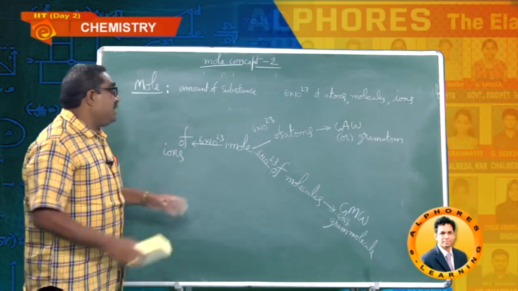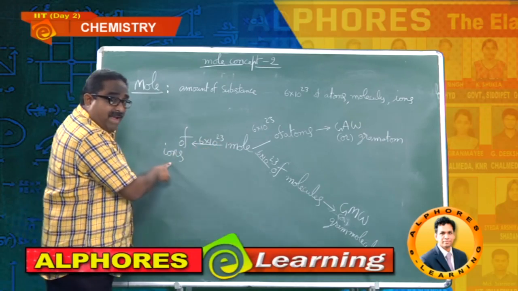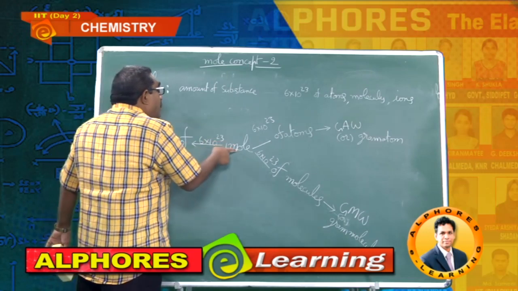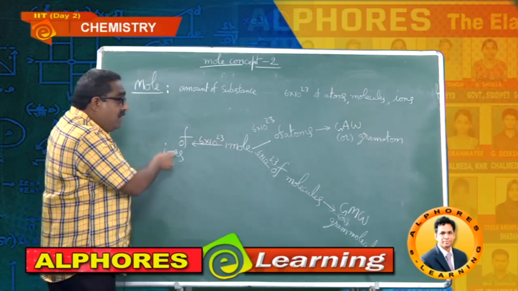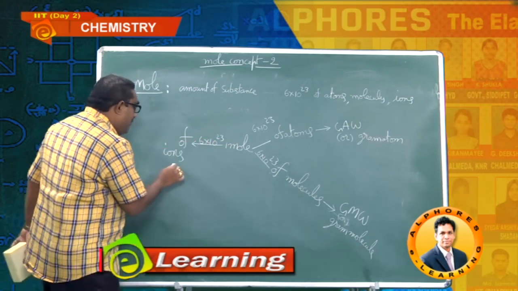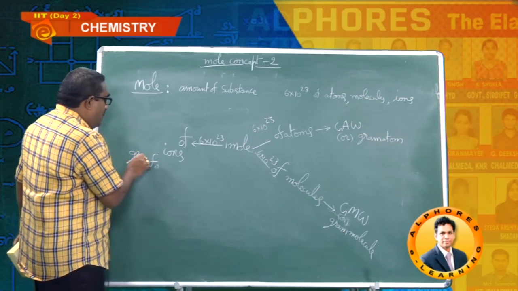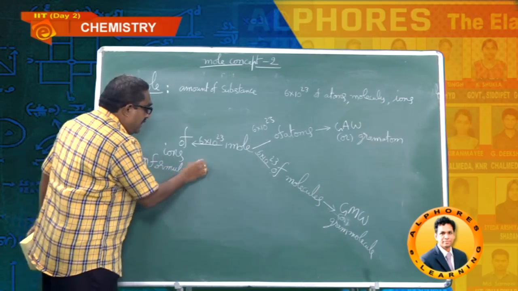So simply, right. And coming to the 1 mole of ions, 1 mole of ions means 6 into 10 power 23 ions. If you consider that weight, it becomes gram formula weight of that ion.